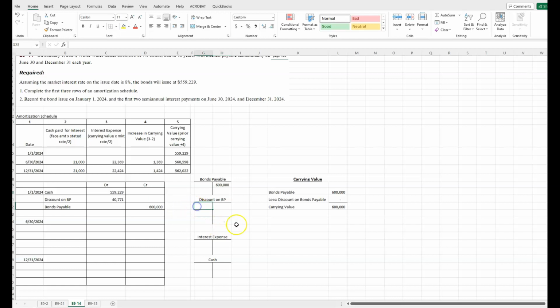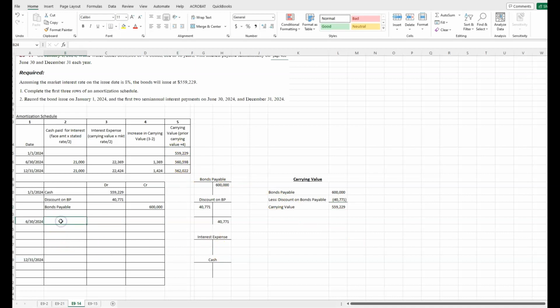Discount on bonds payable, we debited for 40,771. This is a contra liability account, so it shows up as a negative on the balance sheet, and that gives us our carrying value of 559,229 on the issue date, which is what we set up here.